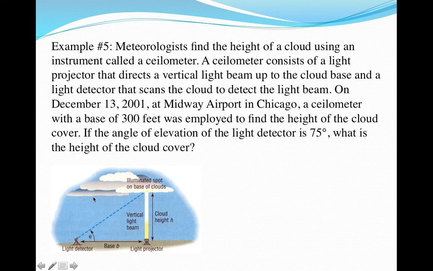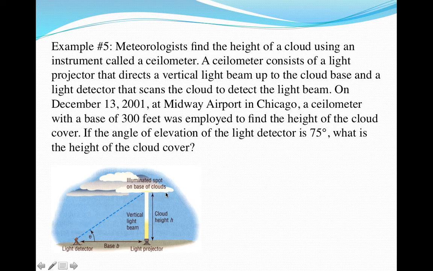Okay? All right, let's look at example 5, and I'm going to get you started on this, and I'm going to ask you to try to finish this one on your own. Meteorologists find the height of a cloud using an instrument called a ceilometer. A ceilometer consists of a light projector, here's your light projector, that directs a vertical light beam up to the cloud base, and a light detector, here's the light detector over here, that scans the cloud.